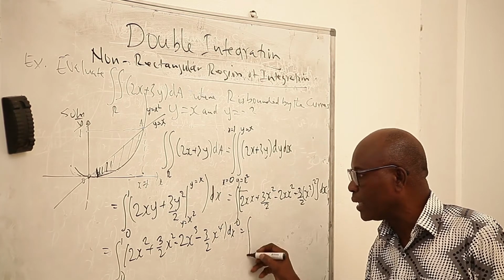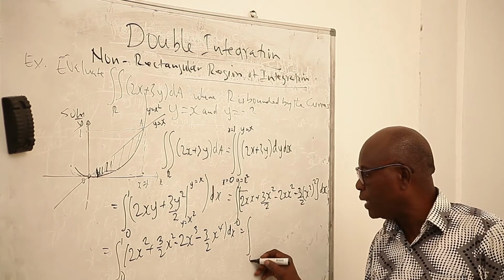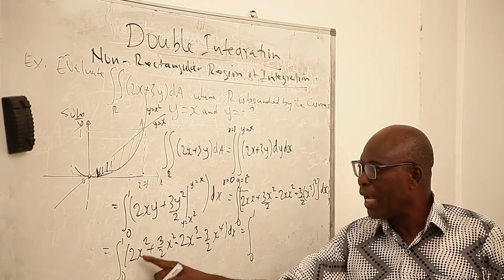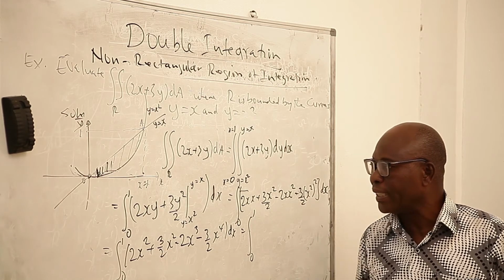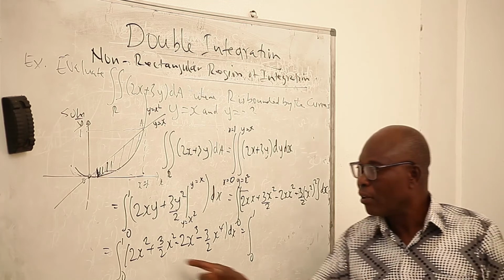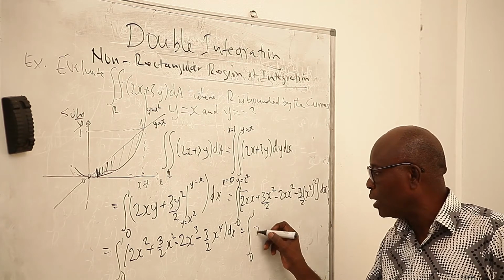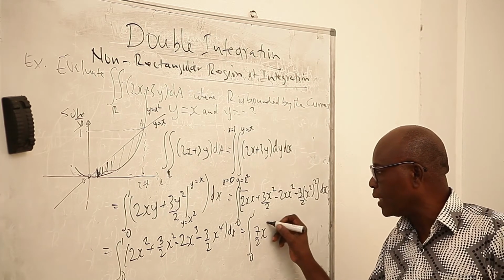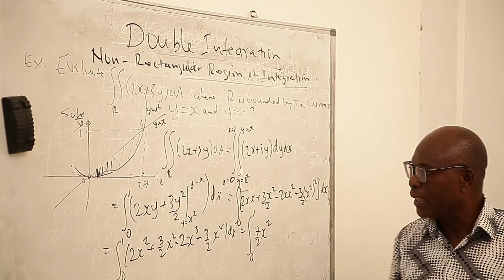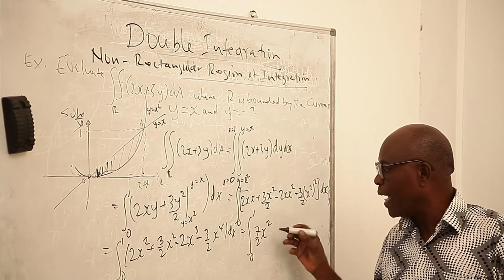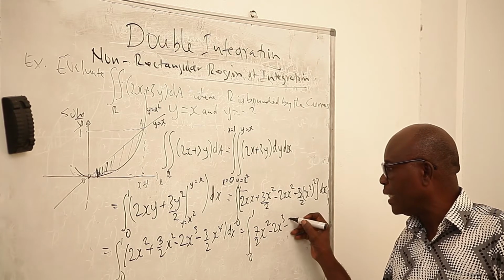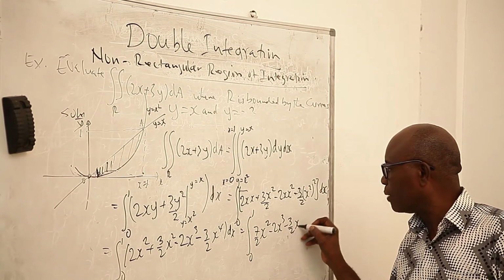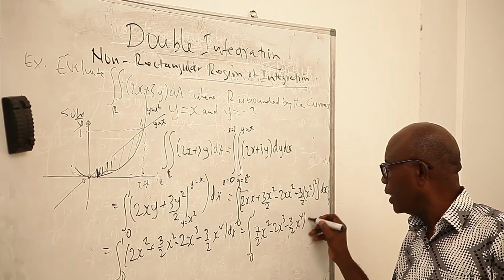Let's see if we can still tidy up. We're going to have 0 to 1. 2x squared plus 3 over 2 x squared will give us 7 over 2 x squared. And then minus 2x cubed minus 3 over 2 x to the 4, all dx.